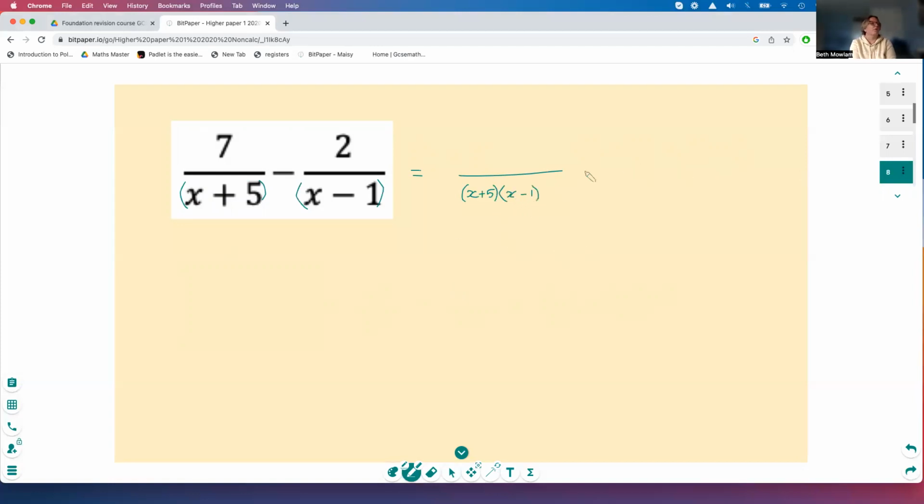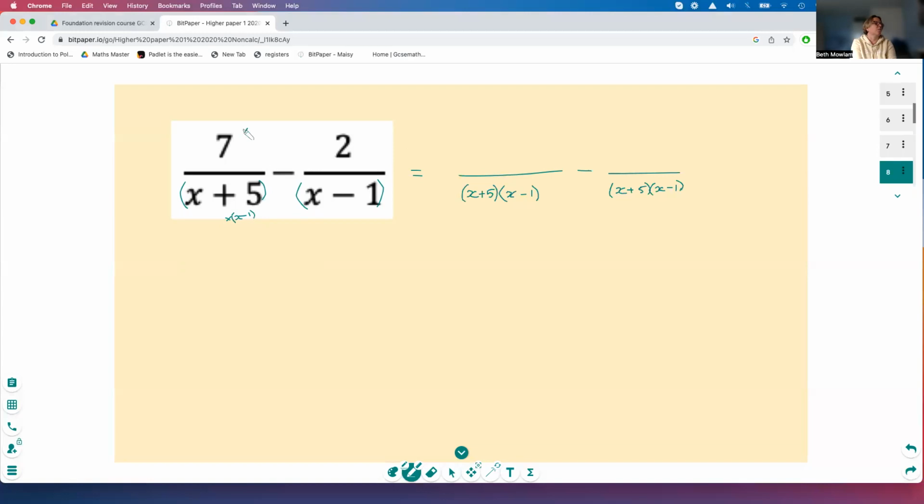Notice that I am not expanding out. There is no point in expanding out the bottom line, because in order to be able to simplify, you have to have it in factorized form. It's already factorized. So we're timesing this first one by x minus 1.